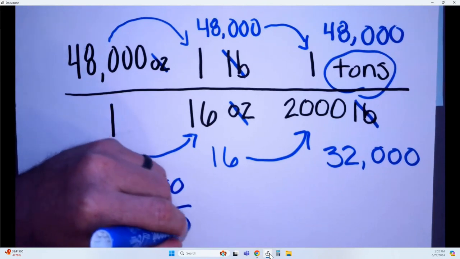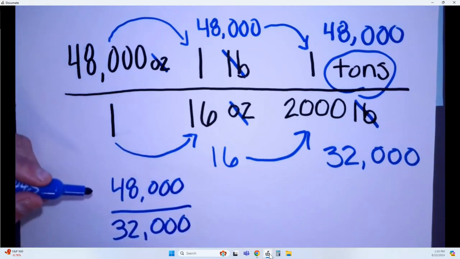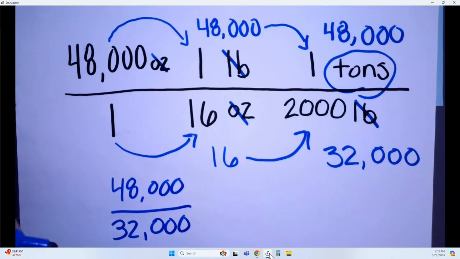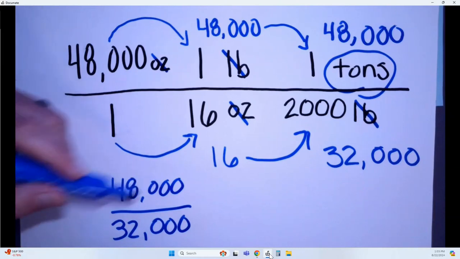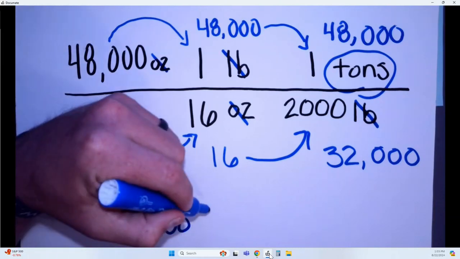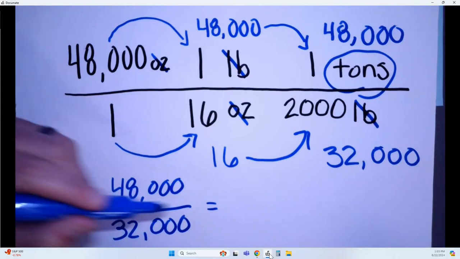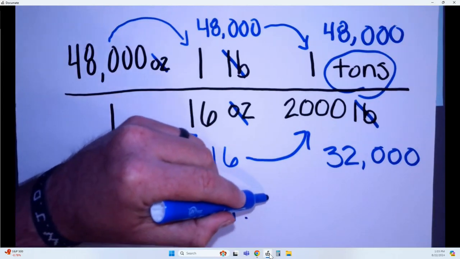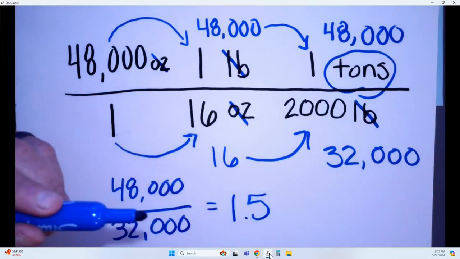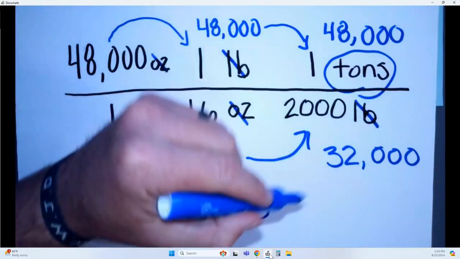Just like a fraction, this is now a fraction or a division problem. So I'm going to do 48,000 divided by 32,000, which will give me 1.5 tons.